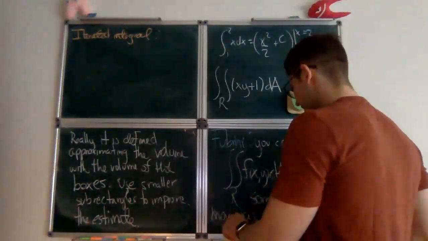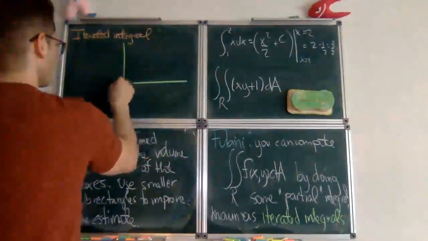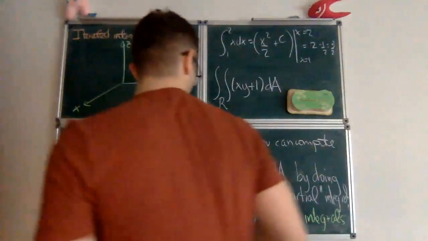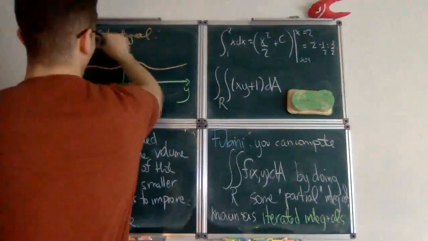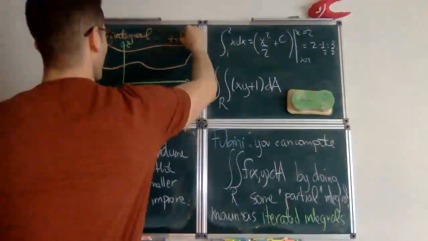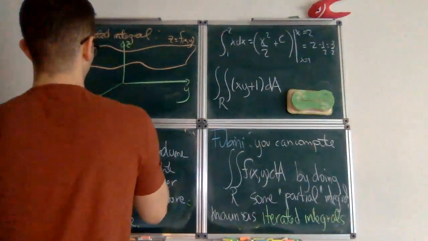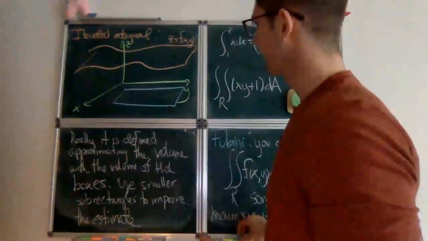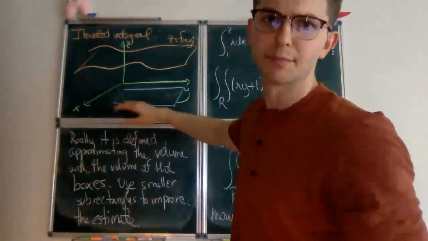But the idea is, again, going back to our original problem, we have the graph of this function, which is a surface. We want to compute the volume between the surface and this piece on the xy plane, this smaller rectangle on the xy plane.